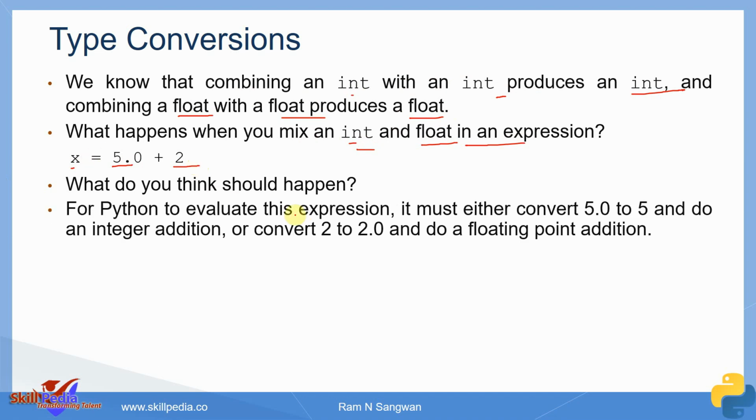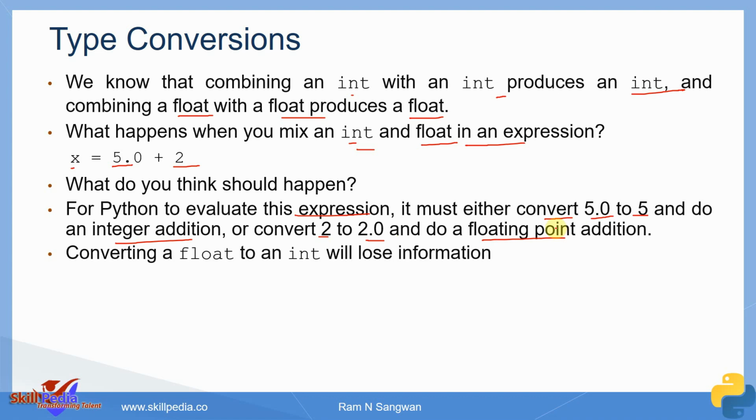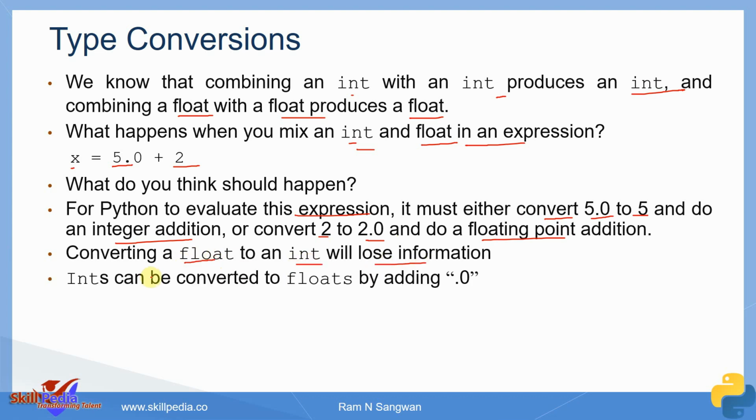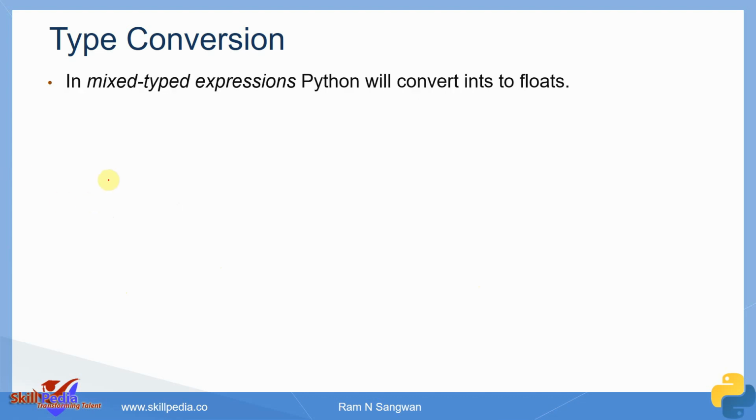For Python to evaluate this expression, it must either convert 5.0 to 5 and do the integer addition, or convert 2 to 2.0 and do floating point addition. What exactly happens? You know that converting a float to an integer will lose information. So integers can be converted to floats by adding 0.0. In a mixed type expression, Python will convert integers to floats.